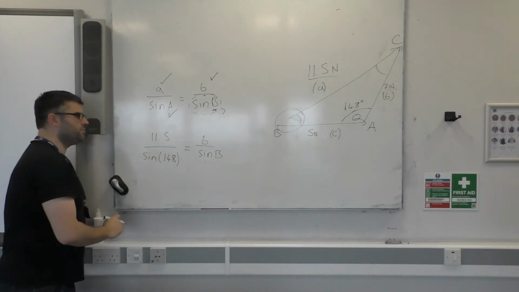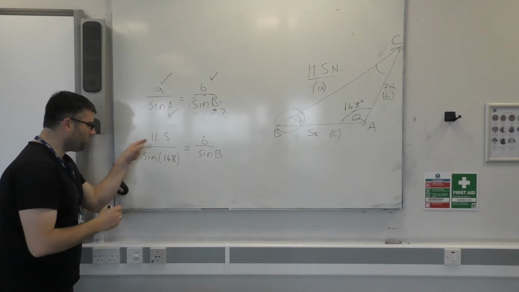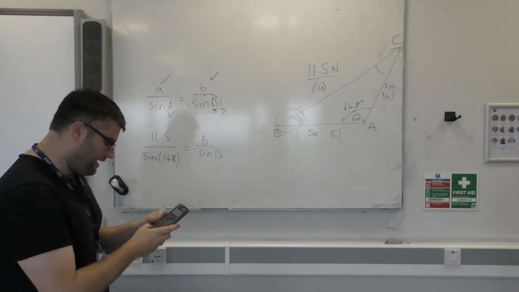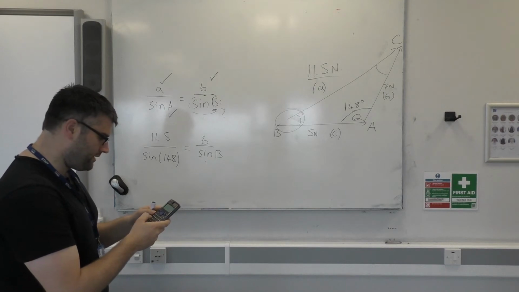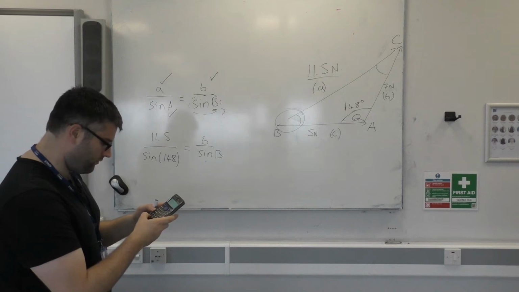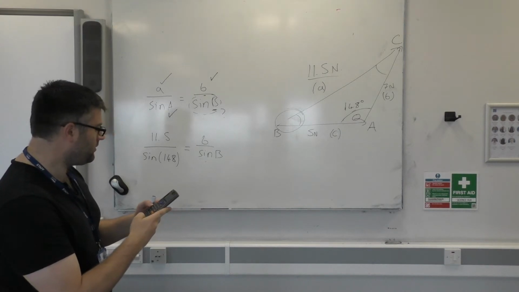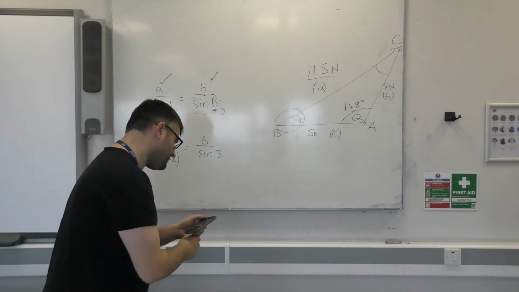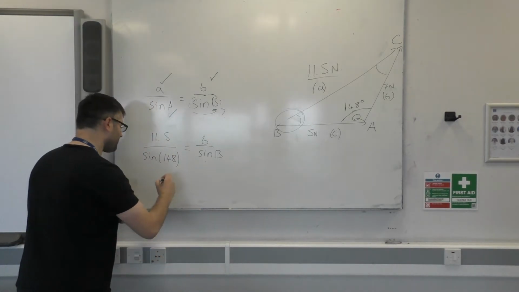So what I'm actually going to do, just to make my life a little bit easier, is work this bit out into one term at the start. So we've got 11.5 divided by the sine of 148. That is 21.7.